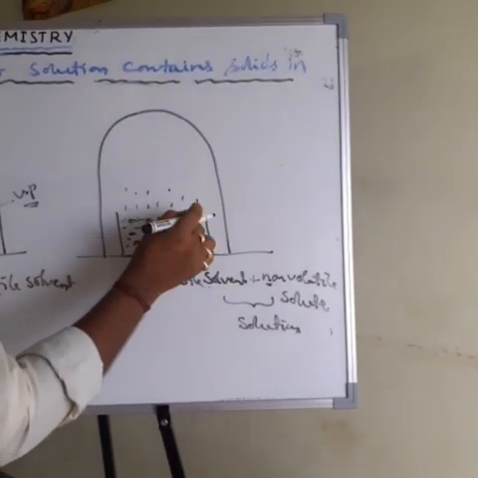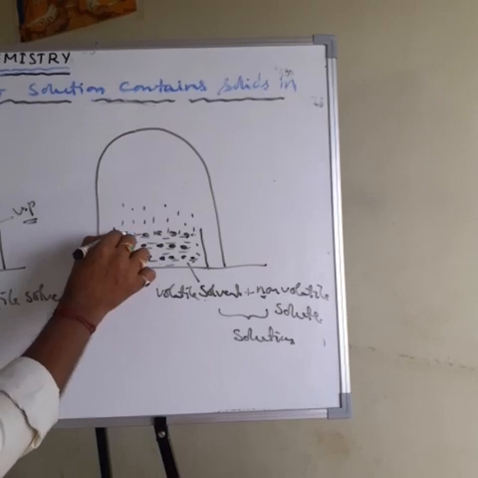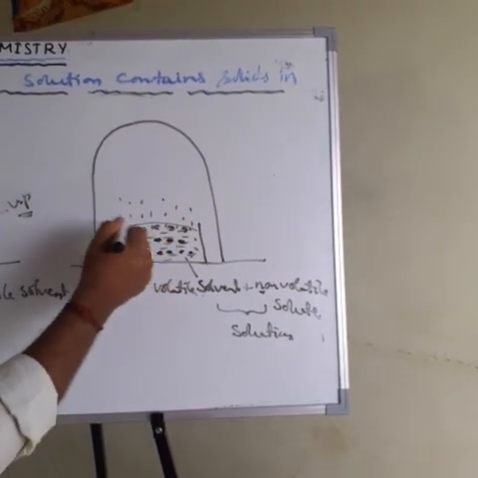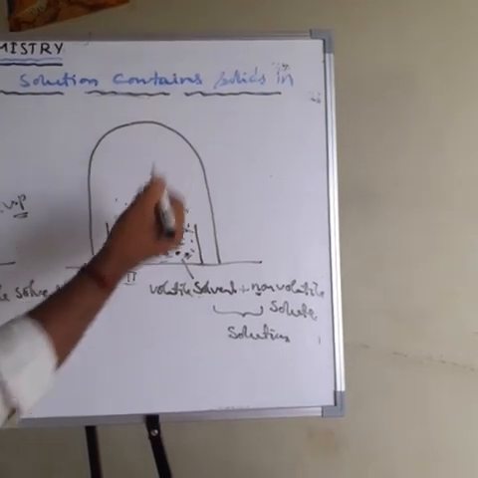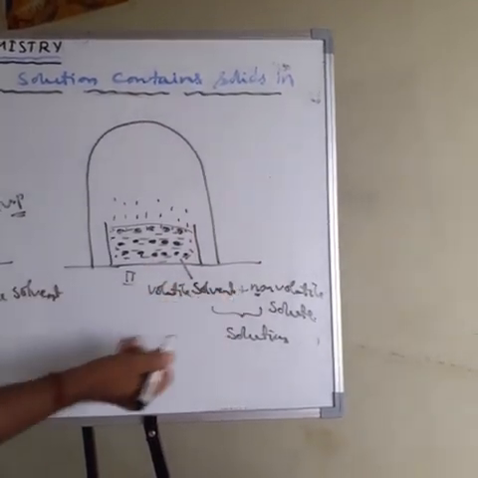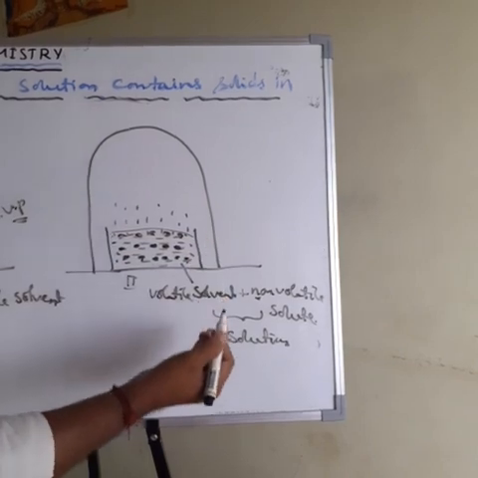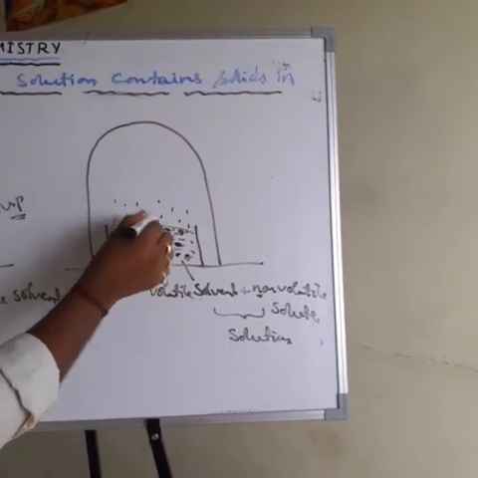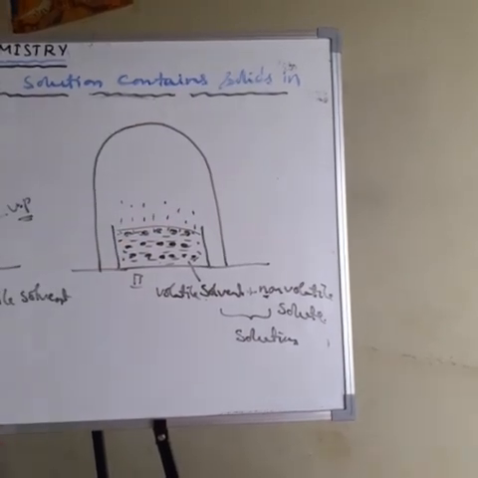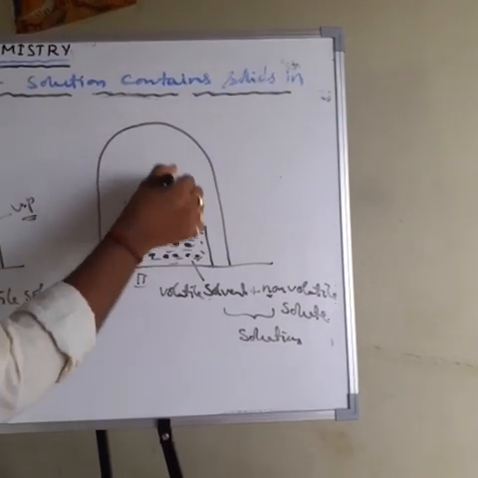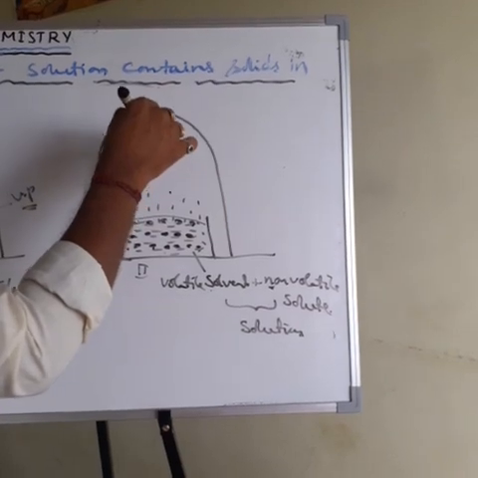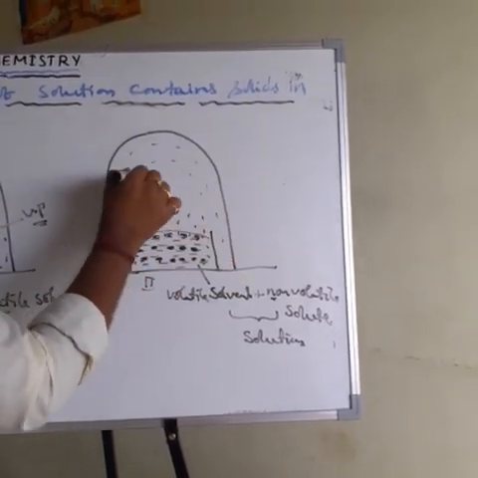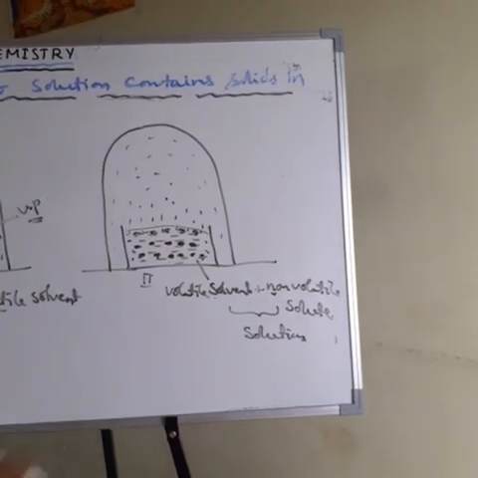The fraction of solute particles increases. Whenever the fraction of solvent particles on the surface decreases, the vaporization of the solution also decreases. Whenever vaporization decreases, during condensation the pressure exerted by the vapor molecules of the solvent also decreases in this solution.